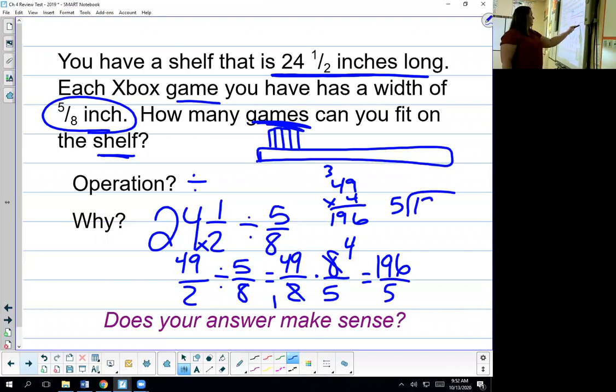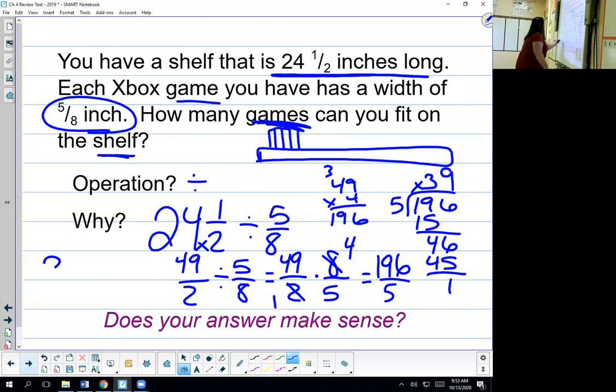5 goes into 196, so I got 39 and 1/5 games.